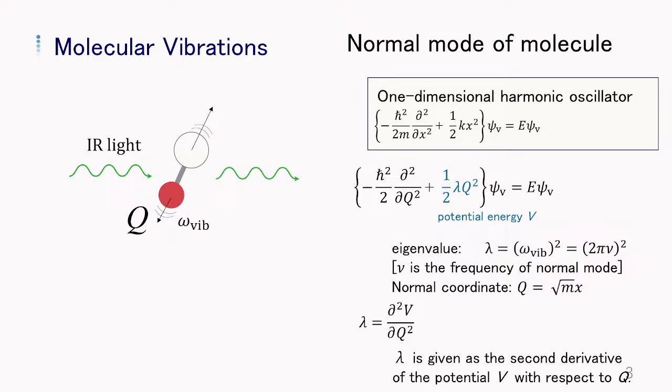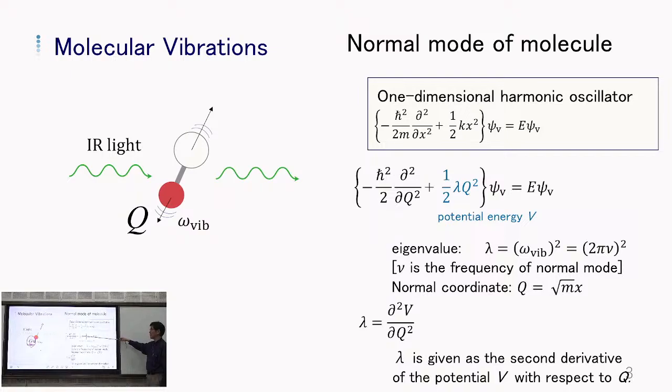The displacement of each atom is defined for each coordinate Q. By setting Q properly, we can regard this vibration as a one-dimensional harmonic oscillator, and again we can say the energy level is discrete and the wave function is something.